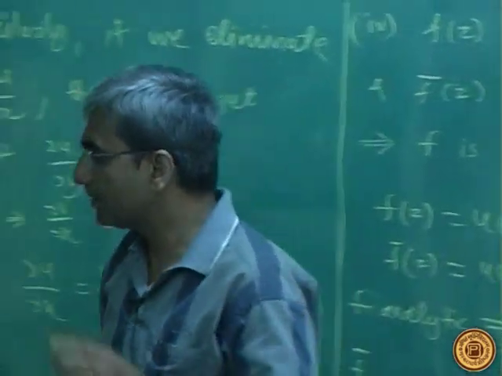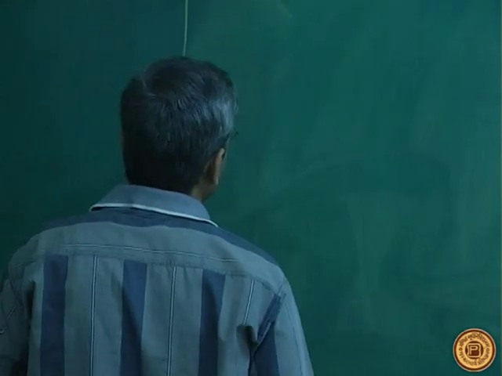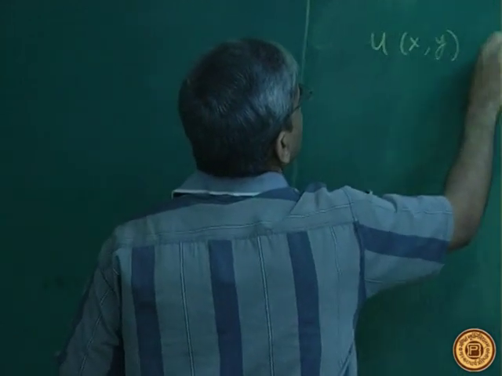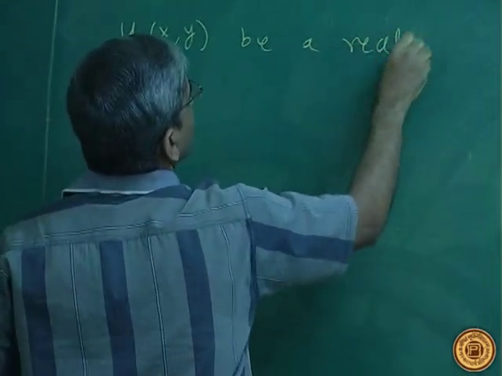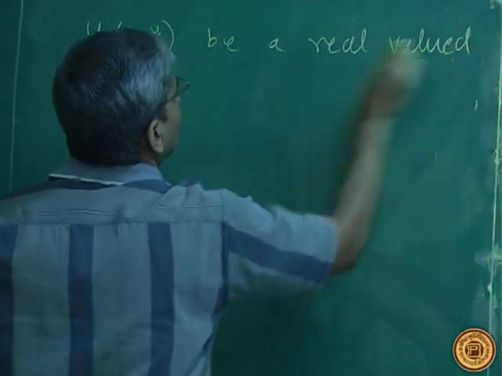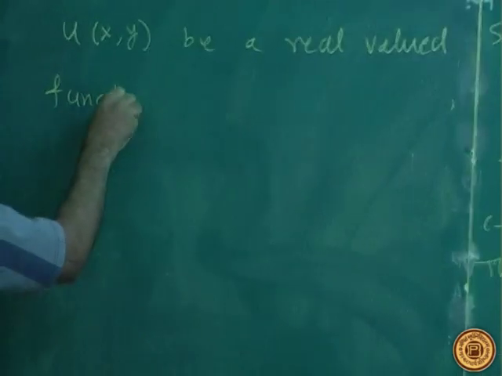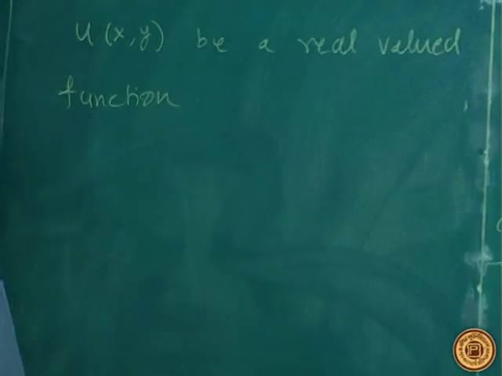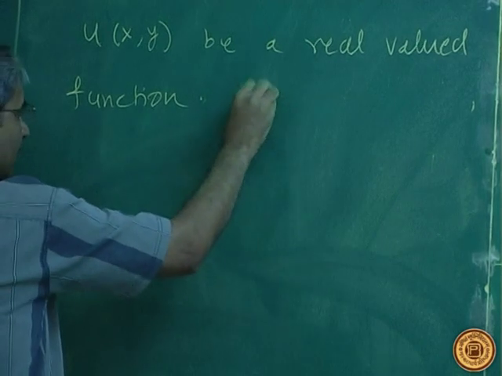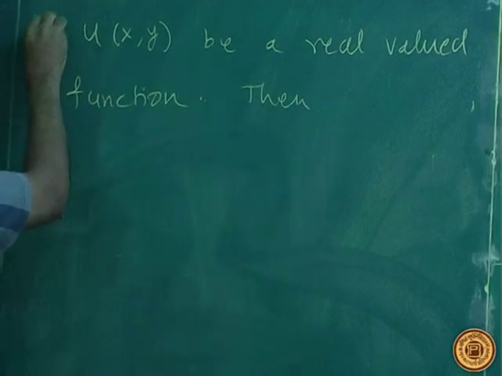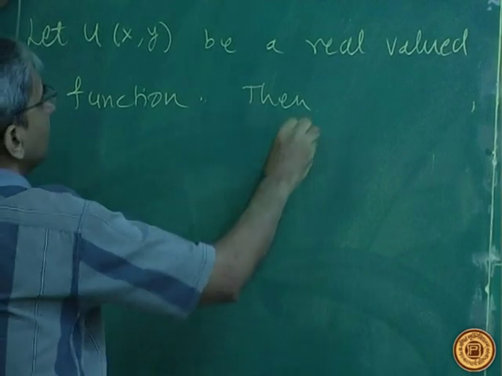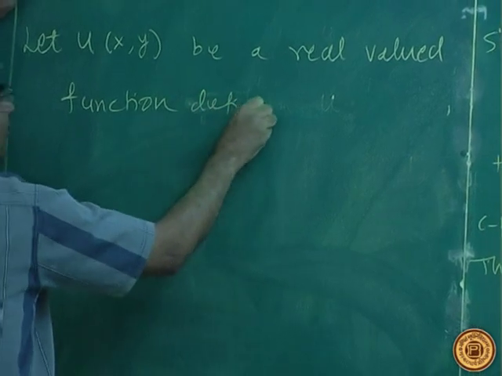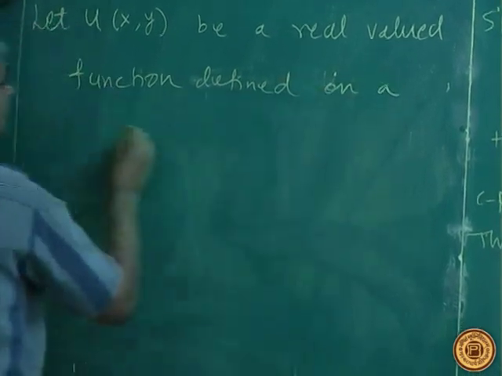Suppose u(x, y) is a real valued function of two real variables x and y, defined on a domain D.